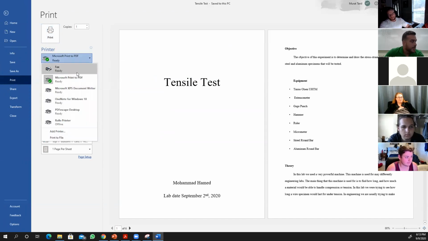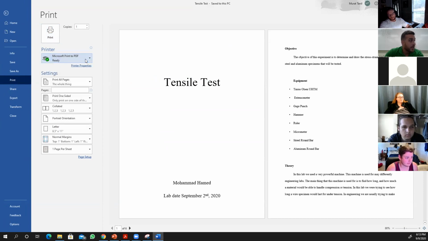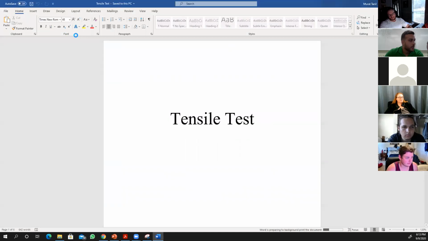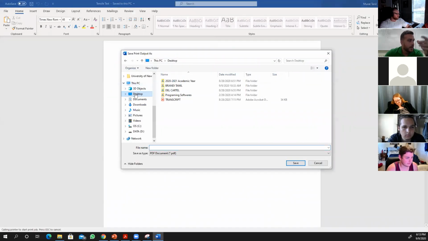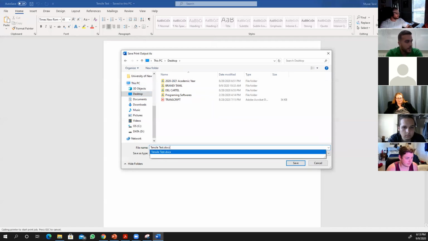I can select different printers, but also I can select Microsoft Print to PDF. Once I do this, it's gonna ask me where to save it. I can go to my desktop, for example, and say tensile test report PDF final version. If you have a different version, just save it.